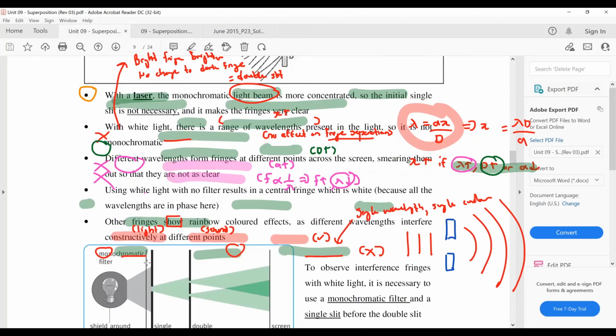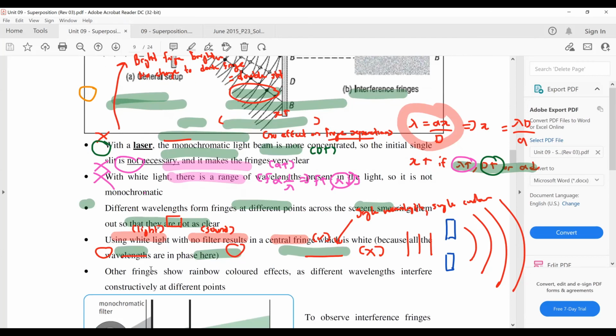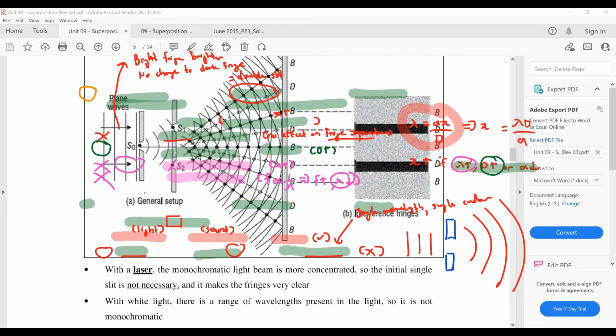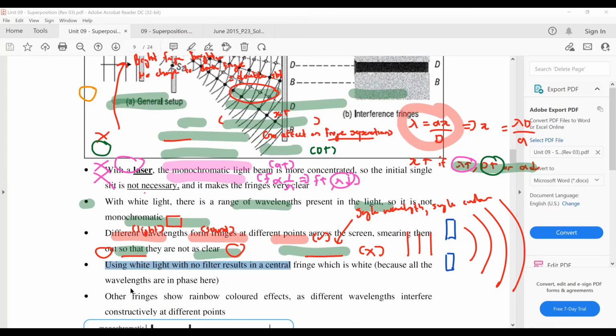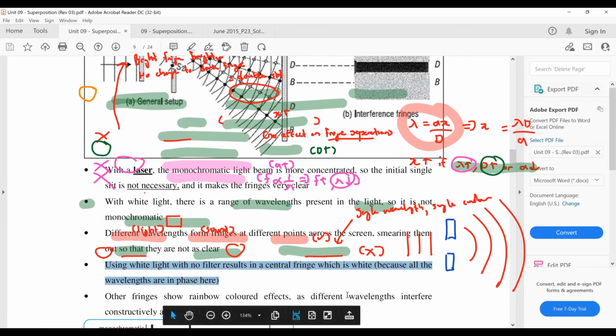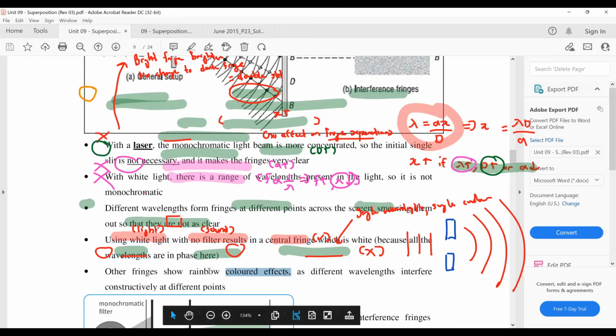I did mention to you before, let's just say you're talking about the double slit experiment, instead of using monochromatic light, instead of using laser light, you use white light. You use white light to pass through the double slit. You will get some sort of interference fringes, but the interference fringes will be rainbow colored. Only the center will be white.